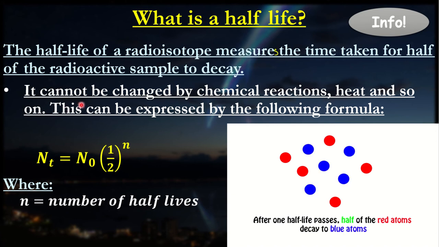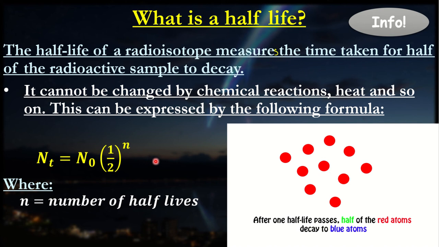You cannot change the half-life of any radioisotope through chemical reactions, through heating, and so on. This is purely within the nucleus of the atom, so any changes to the actual process of decay would be due to some kind of nuclear reaction. Now we can express half-life using the following equation here.